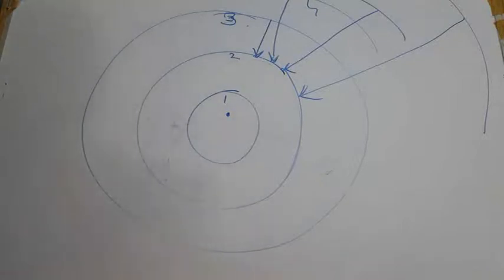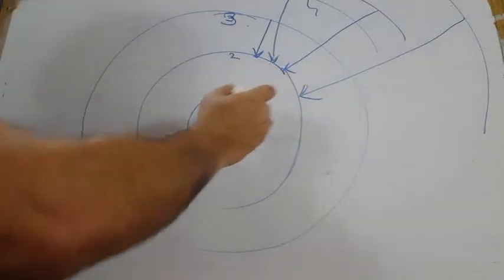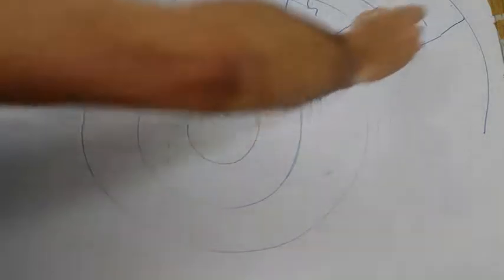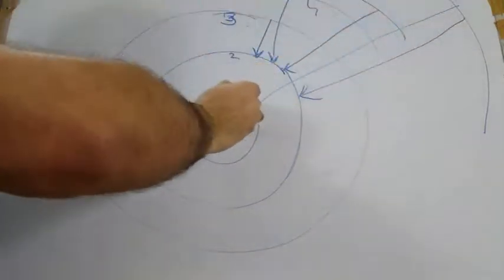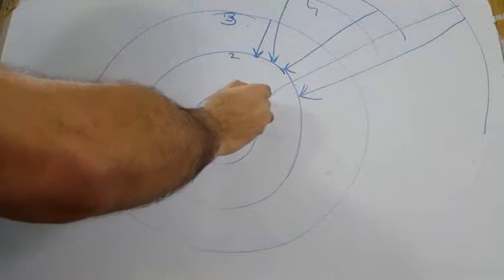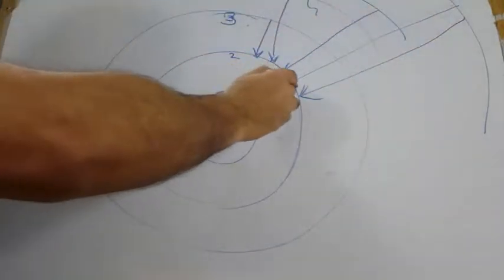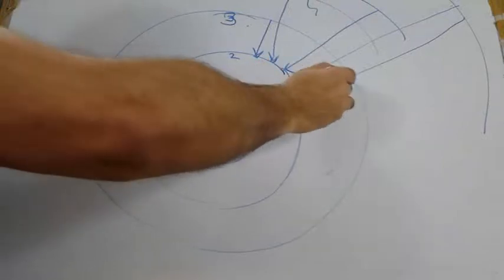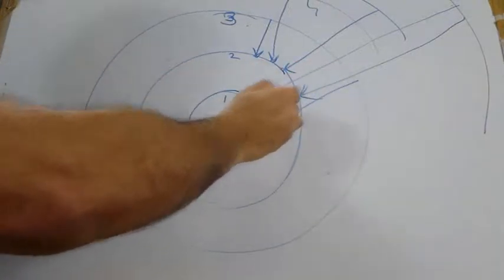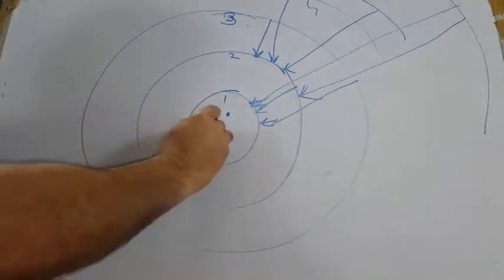After that comes the Lyman series, when n is the final orbit of the electron. An electron comes from say 6 to first, or second to first, or third to first, then this is the Lyman series.